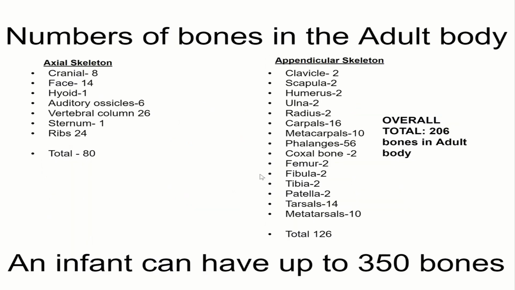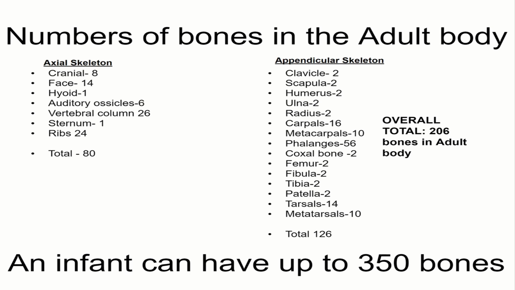An infant can have up to 350 bones, whereas an adult has about 206. The reason for this discrepancy is because many of the bones fuse during development.